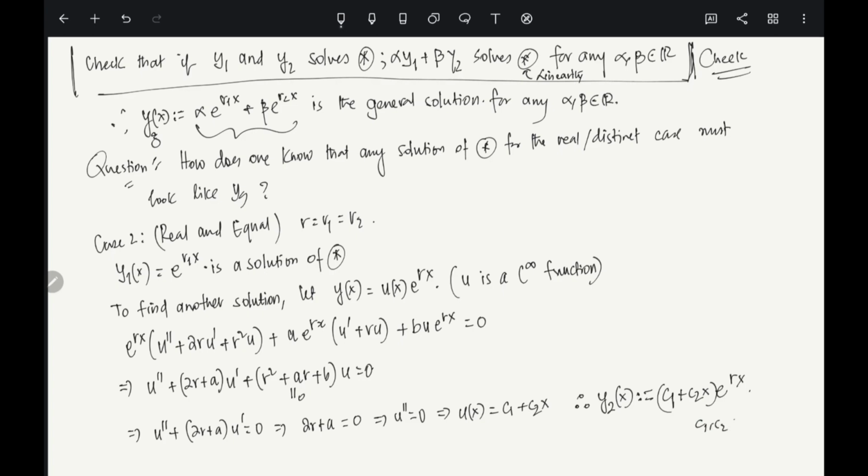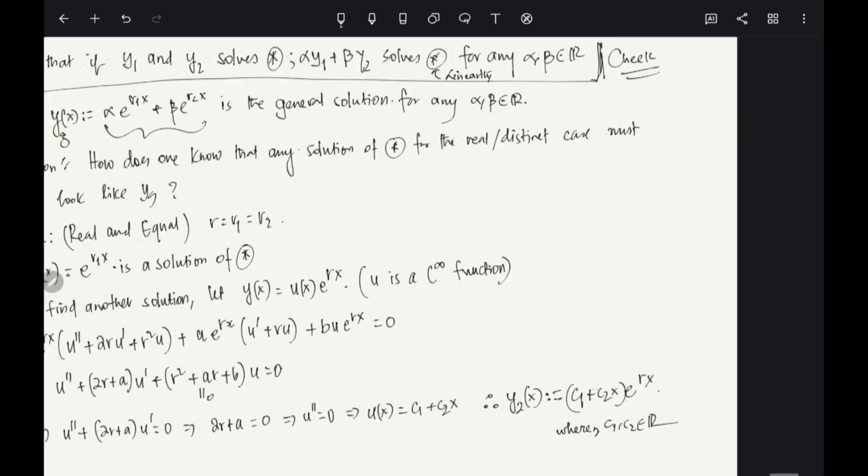And what are c1 and c2? c1 and c2 are in R. Now you see what is the general solution in this case? The general solution yg is nothing but alpha times y1 plus beta times y2, as I told you. So it is alpha times e power rx plus beta times (c1 plus c2 x) times e power rx.